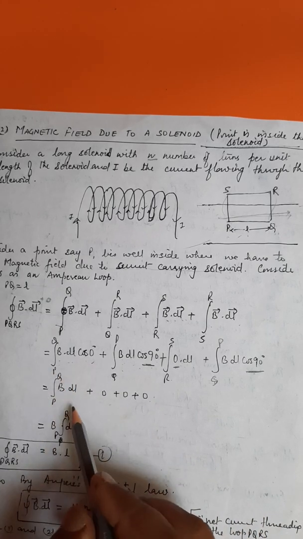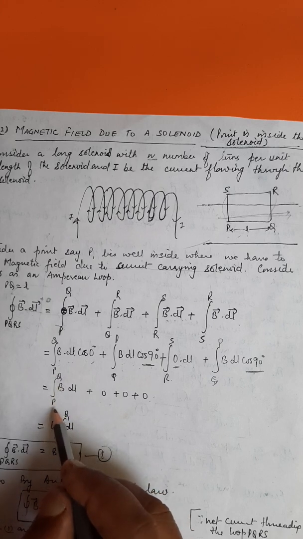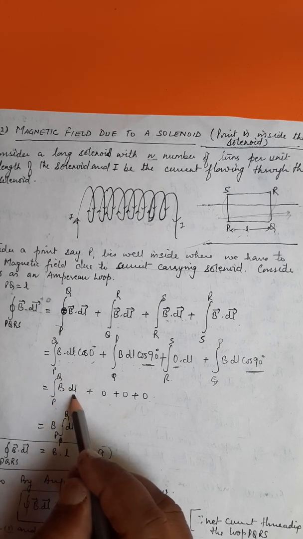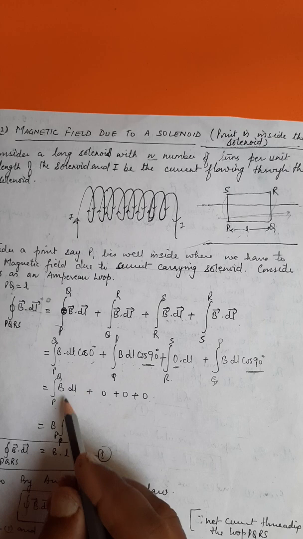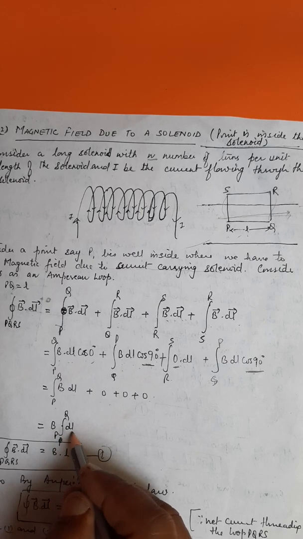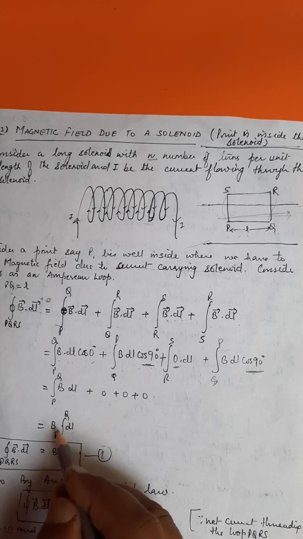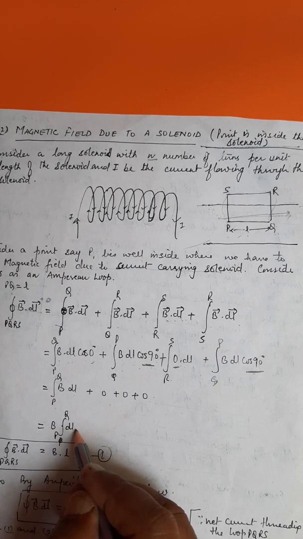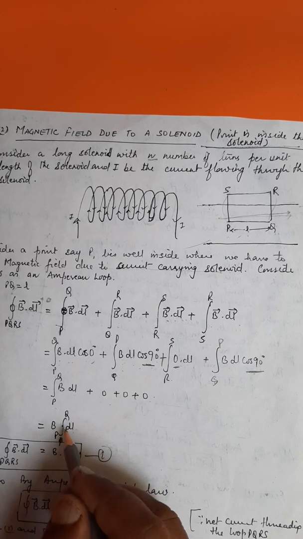So the integral from P to Q of B dl, as B will be the same, becomes B times the integral of dl from P to Q. What is the total length from P to Q?